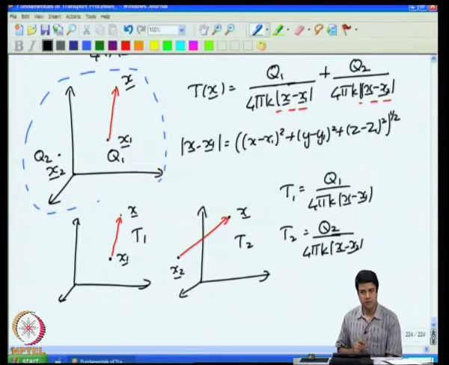The solution for del square T1 is equal to 0 with the point source at x1 is T1. The solution for del square T2 is equal to 0 with the point source of strength q2 at x2 is T2, which is q2 by 4 pi k into x minus x2. I add up the two and I get the final temperature field due to these sources.